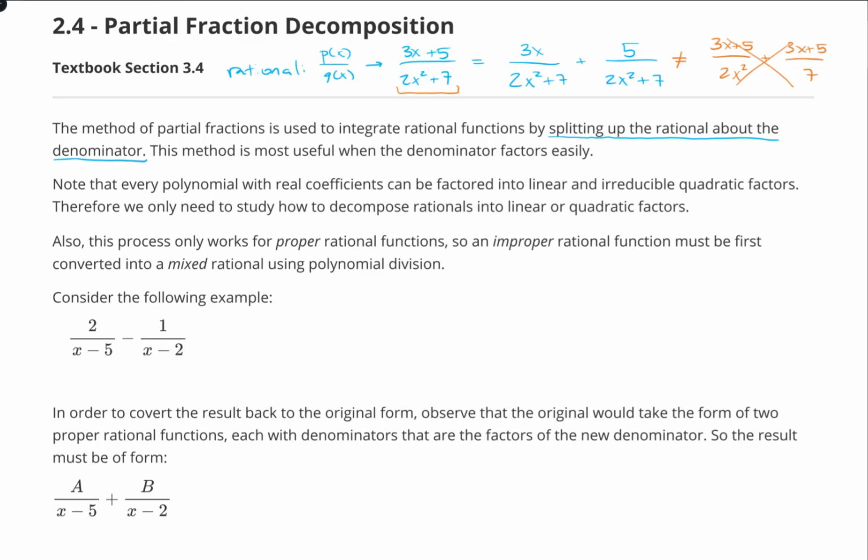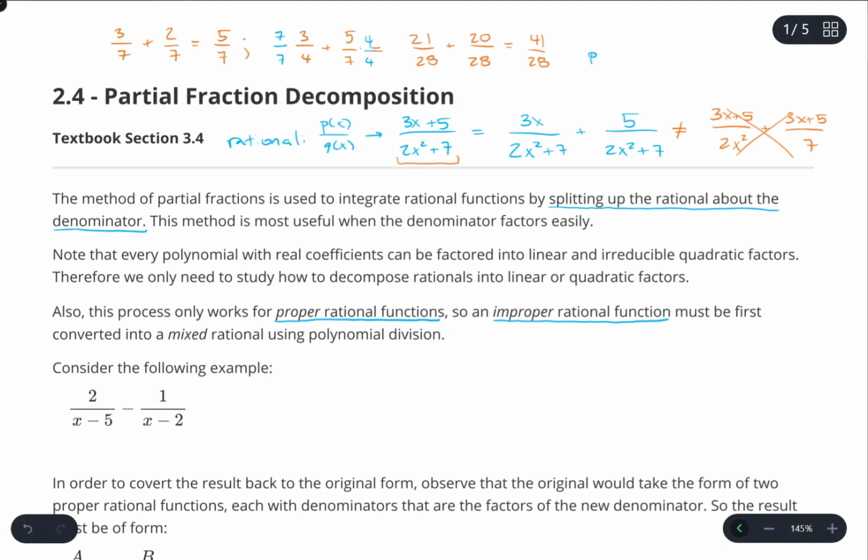Now, another thing is that there is a difference between what's known as a proper rational function and an improper rational function. It's the same terminology as proper fractions versus improper fractions. So a proper fraction, if you'll recall, is something like 7/12.